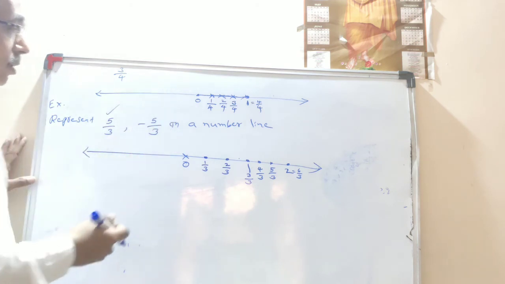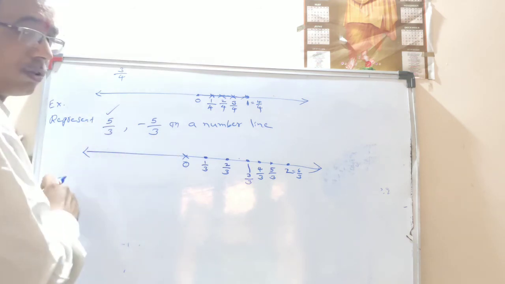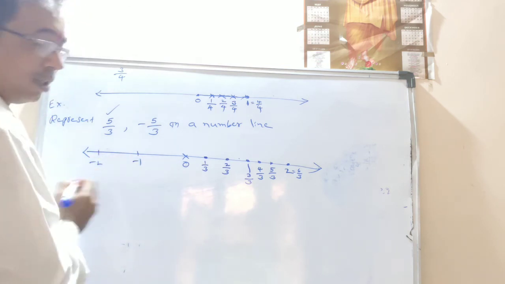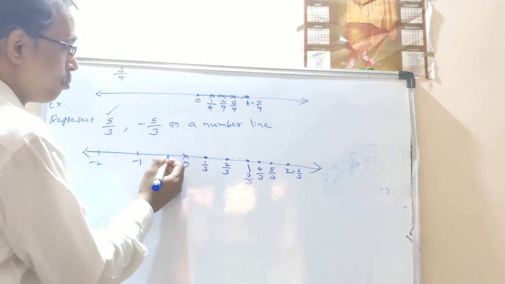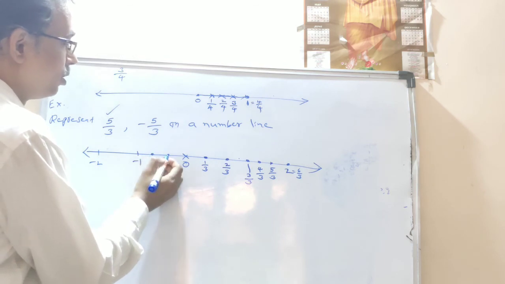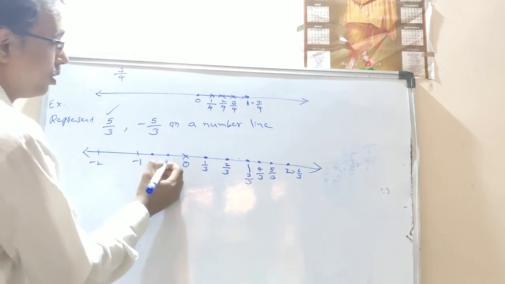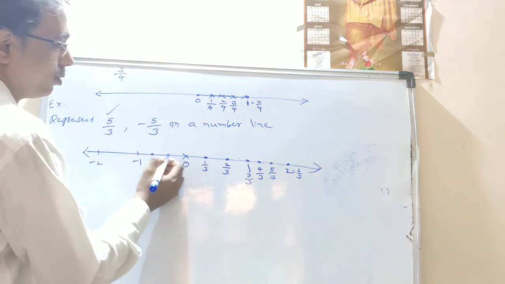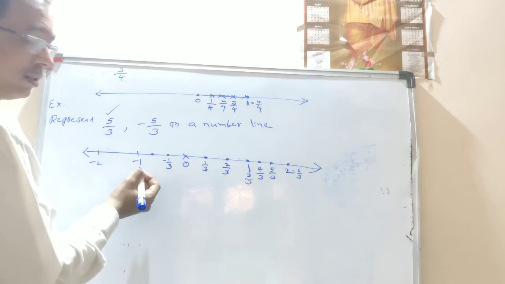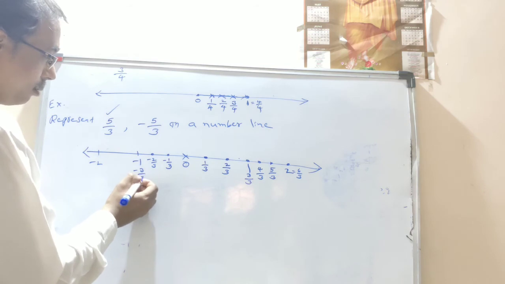In the same way select minus 5/3. Now point out minus 5/3 on the left side of 0. For that again we need -1 and -2. Now 0 to -1, divide it into 3 equal parts. So select 2 more equidistant dots on the left side of 0. The first point on the left of 0 is -1/3, the next point is -2/3, and -1 is written as -3/3.